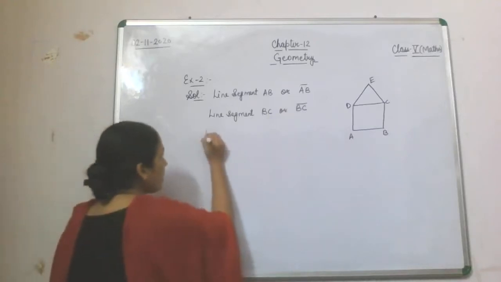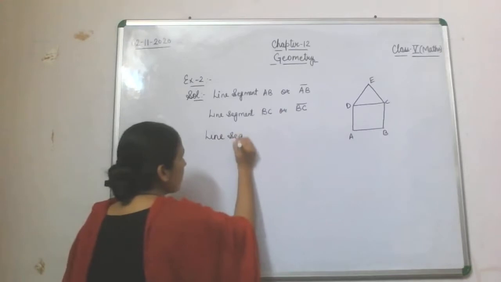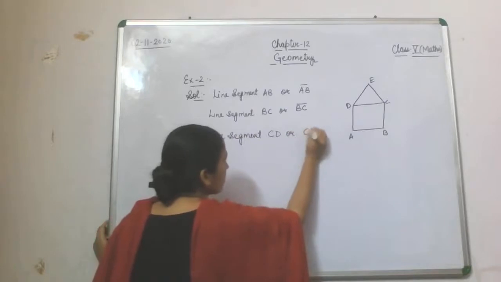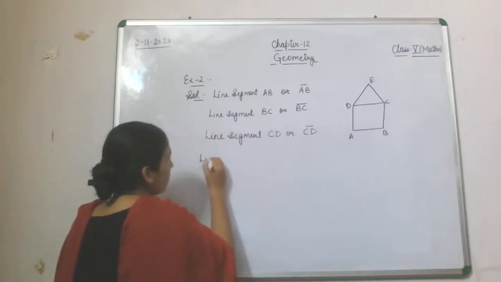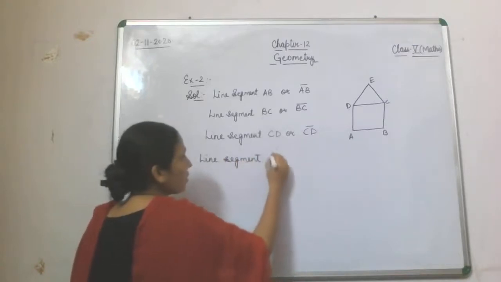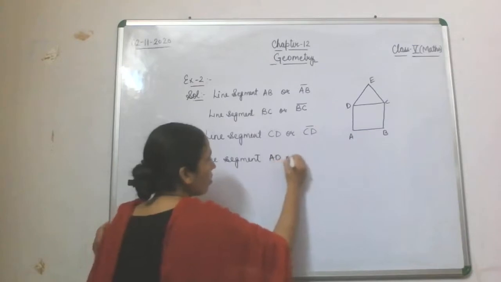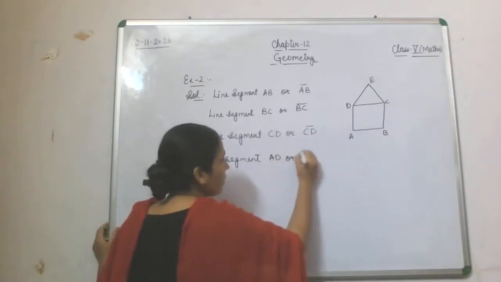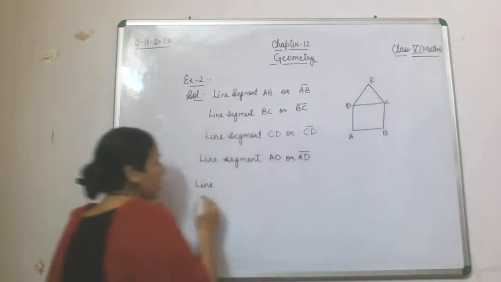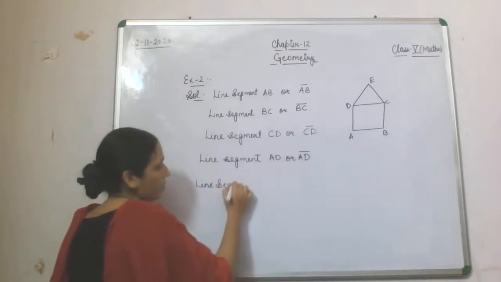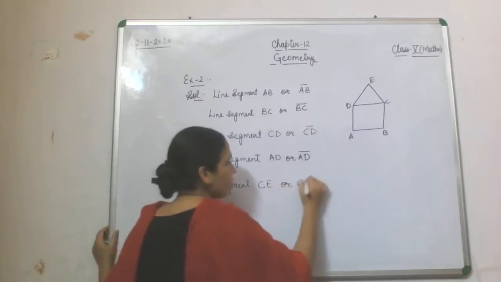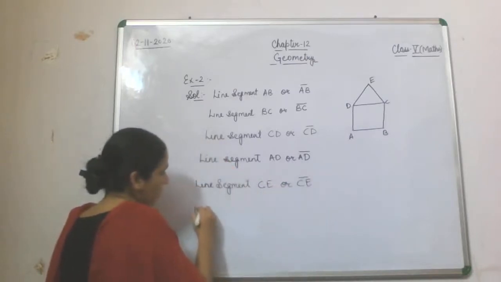Next is line segment CD, then AD or DA. AD line segment, then DE and CE, line segment CE, or we can write it in symbol like this.